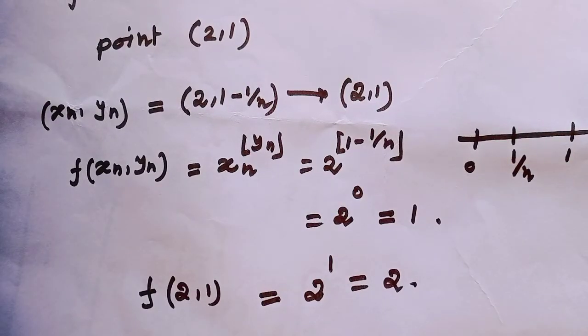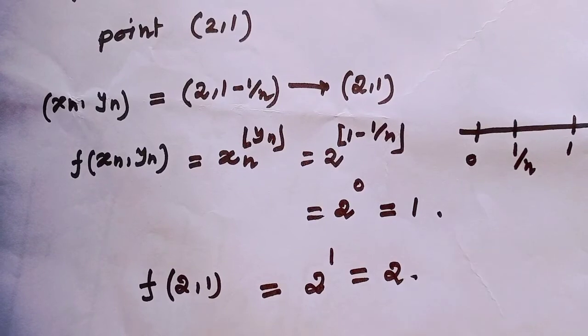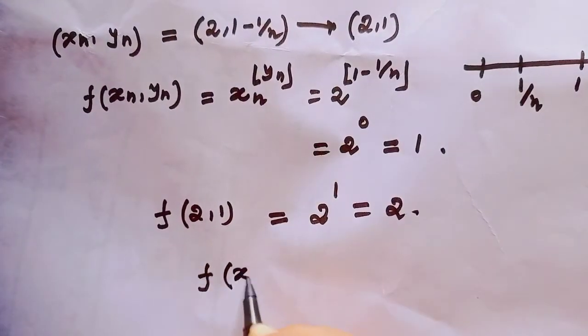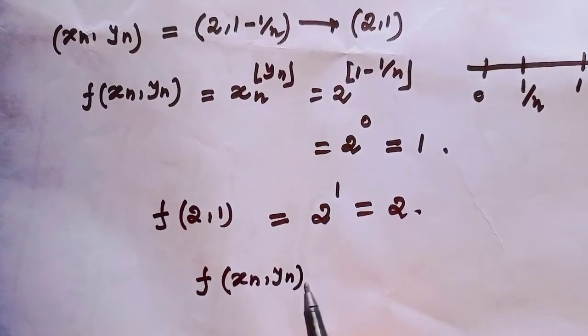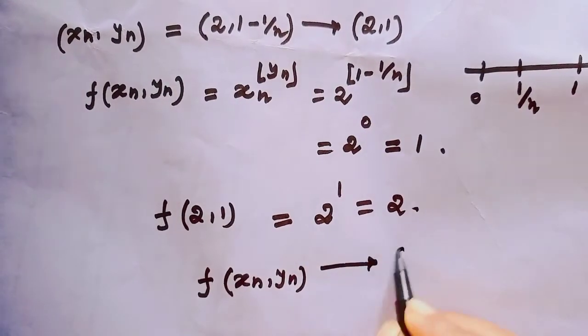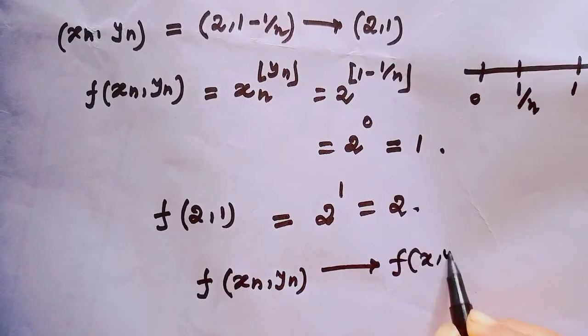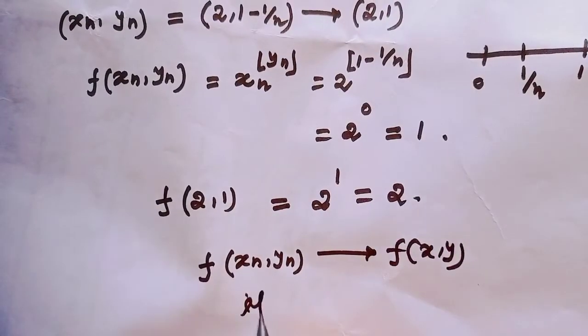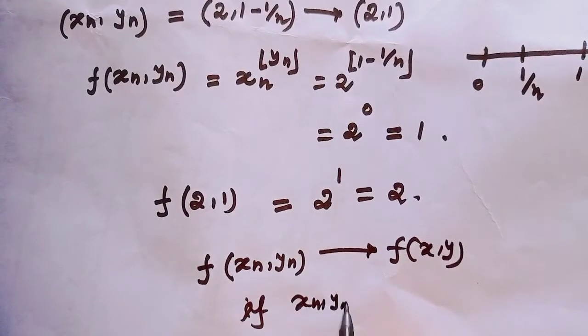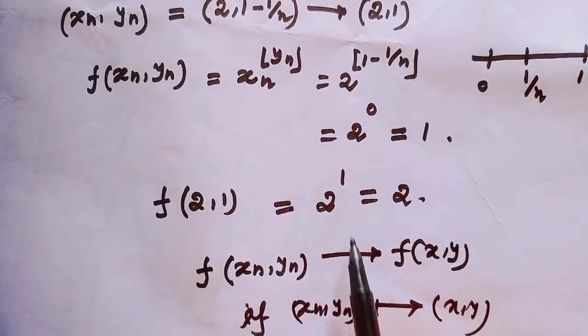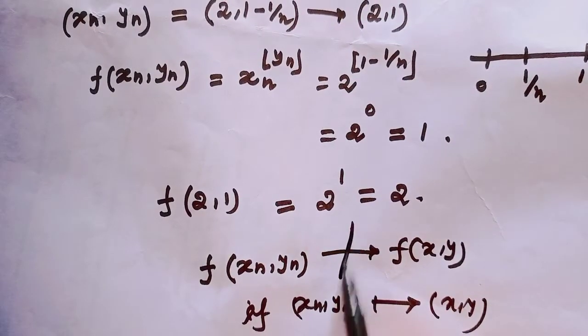That means by the sequential criterion we cannot say f(xn, yn) converges to f(x, y) if (xn, yn) converges to (x, y); this rule has broken.